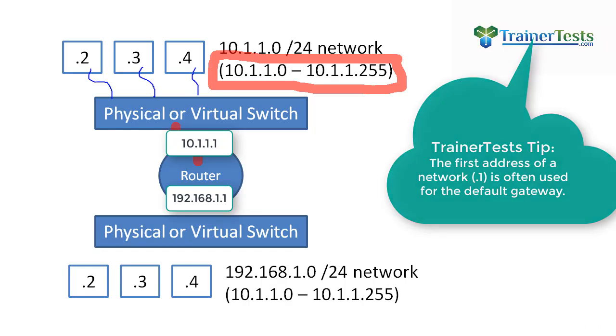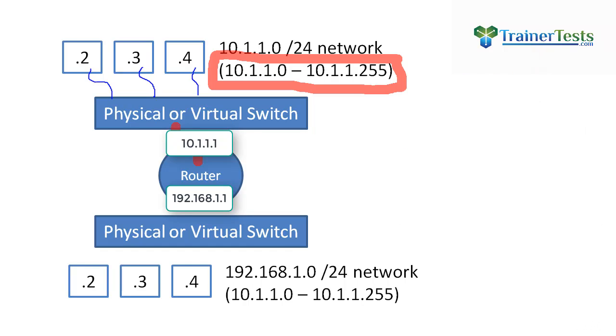We can't have machines from different networks on the same layer 2 domain. We can't have virtual machines or physical machines on the same switching segment if they're on different layer 3 networks. So that's what we're going to use that default gateway for.